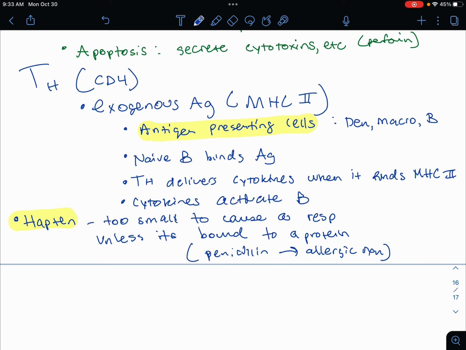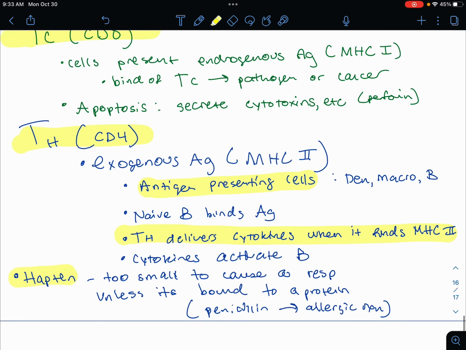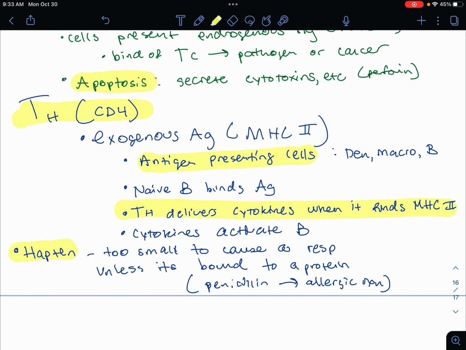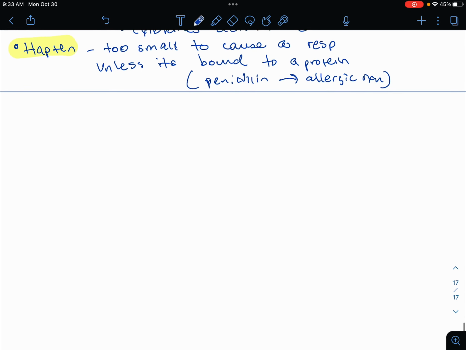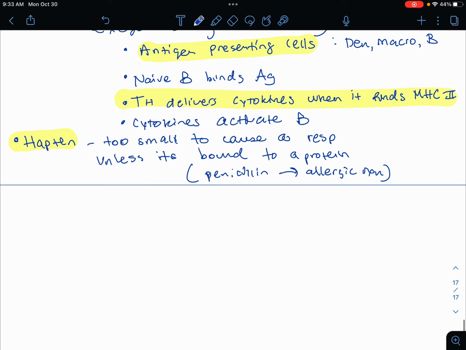Right, so some things to highlight here. With the TC, apoptosis is the result, while the TH is activating the naive B cell. Again, the macrophages will engulf and degrade the foreign material, then present it on MHC class 2 molecules on their surface, whether a macrophage, a B cell, or a dendritic cell.